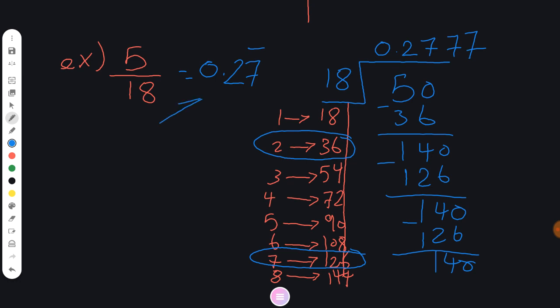So this is called a repeated decimal number.